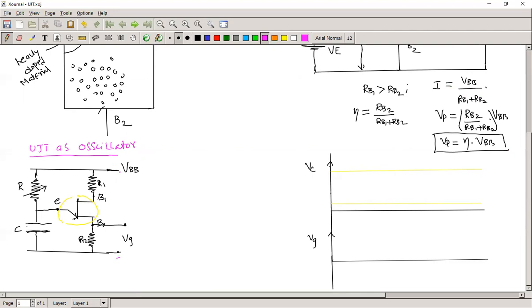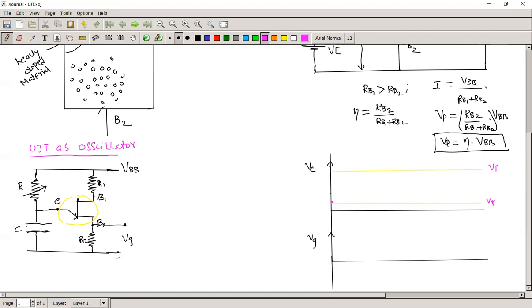Now, whenever we apply the voltage here, this voltage is applied to B1, B2 as well as the capacitor. The capacitor will be charged through the external resistance R. We are assuming that the UJT is off, and from the valley voltage, the capacitor will be charged. This is the valley voltage, VV.